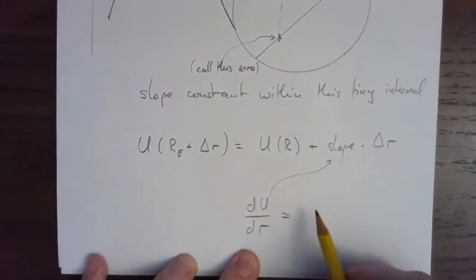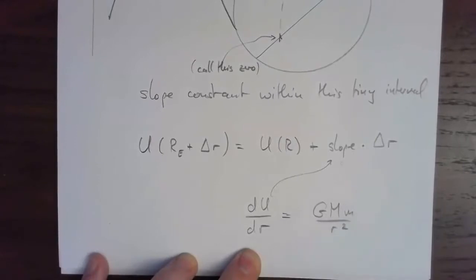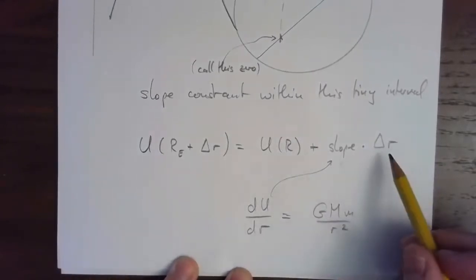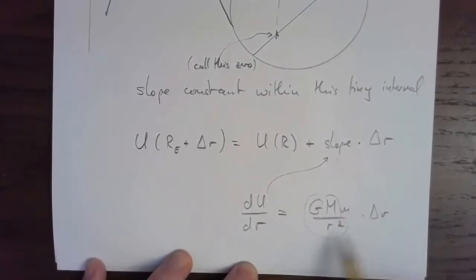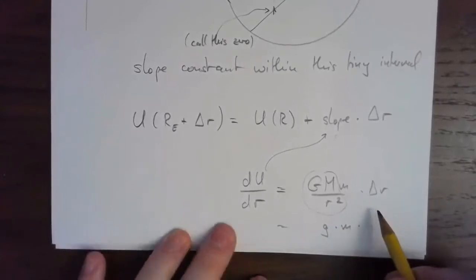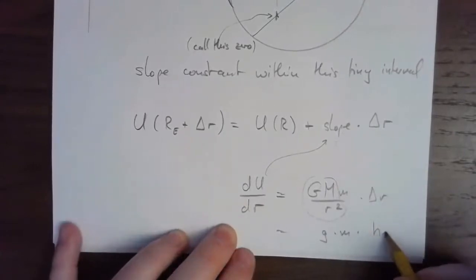This is going to be GM over r squared times delta r. But we know what this is. This is just g. So I get g times m times delta r. Well, delta r is really a height. Might call it h.